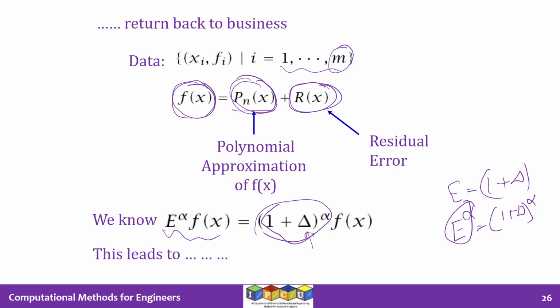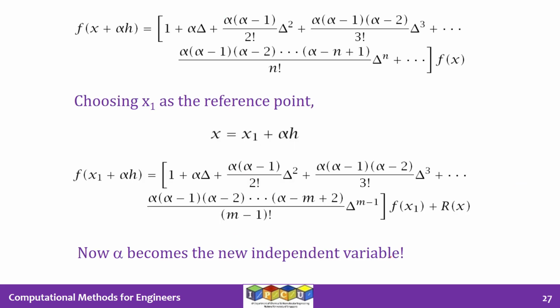So this operator operates on f of x on the right hand side. This operator operates on f of x on the left hand side. And we know that E to the power of alpha f of x is nothing but f of x plus alpha h.